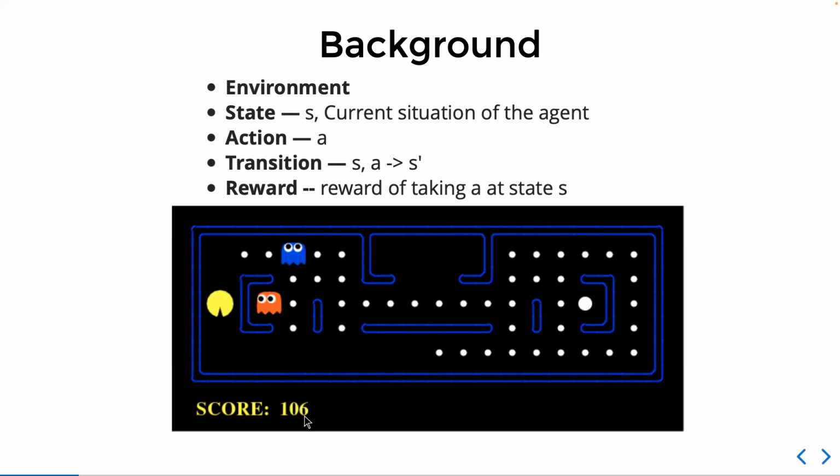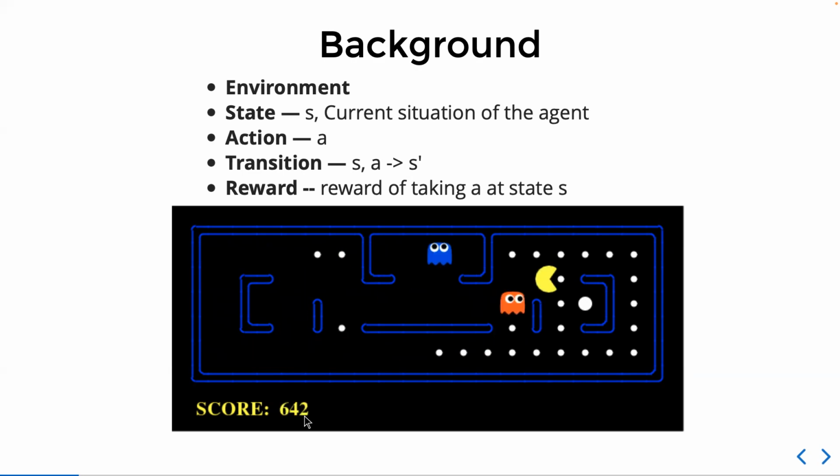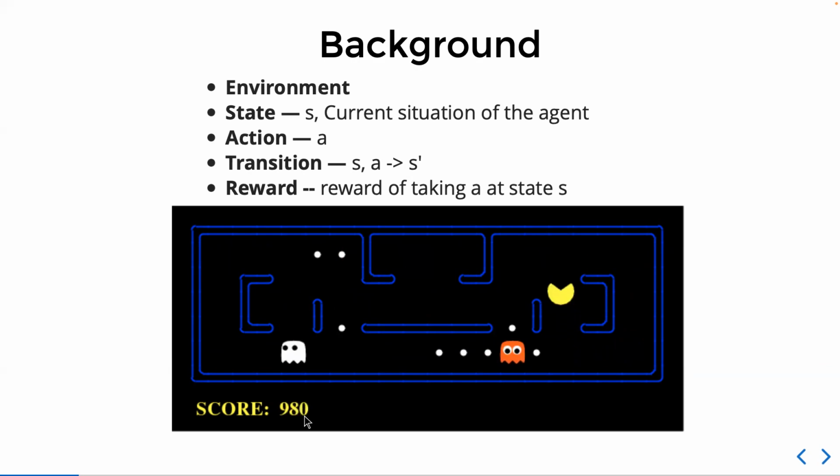If they are colored, it means they are not terrified, they are chasing us. But if they turn white, we can chase them. So I think the state is a bit more complicated than the position. Also, the food packages are different as well. If the food is larger, you can see the Pac-Man will go after those larger food packages compared to if all the food packages are the smaller white particles at the same position.